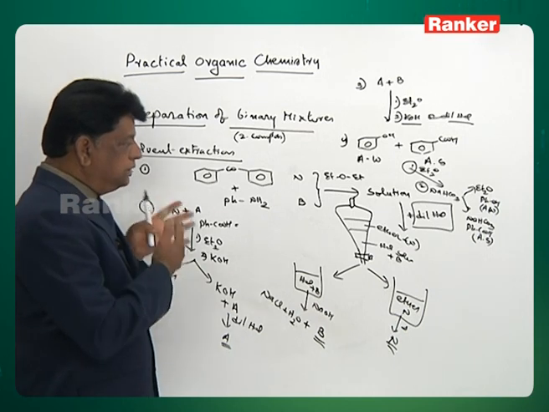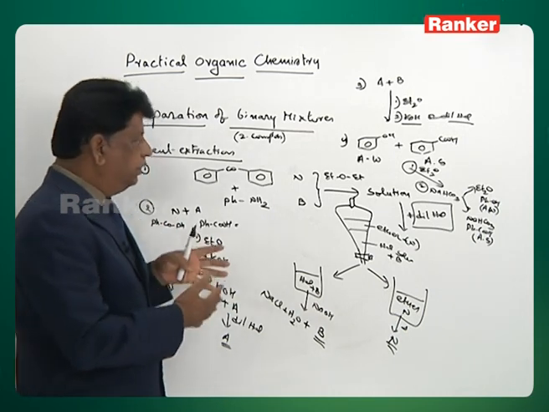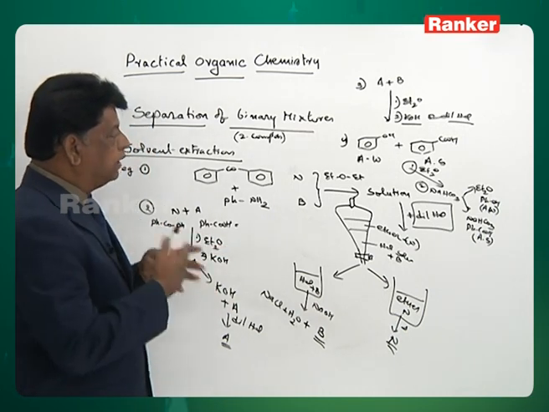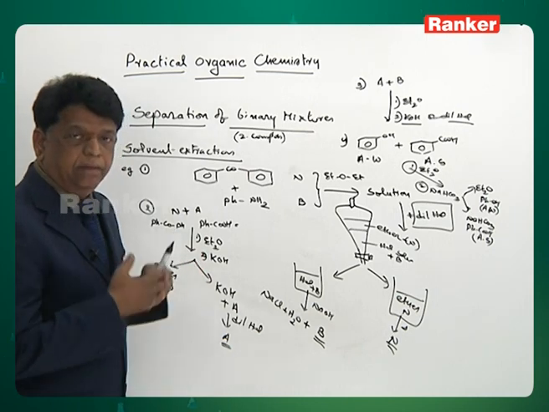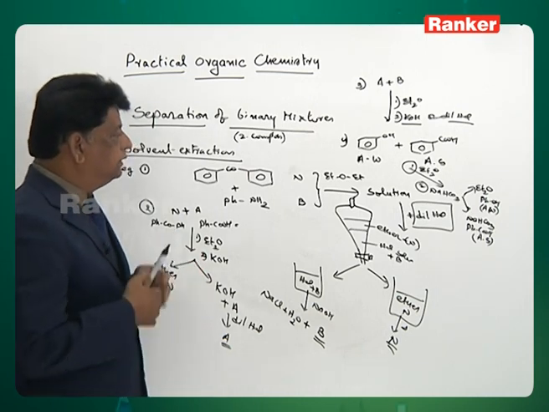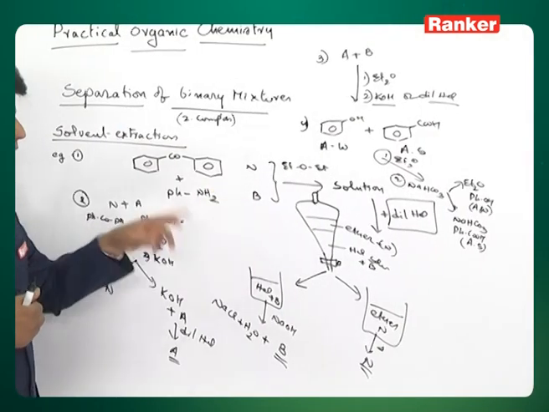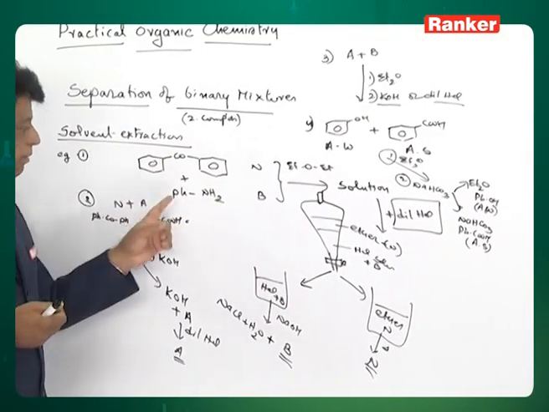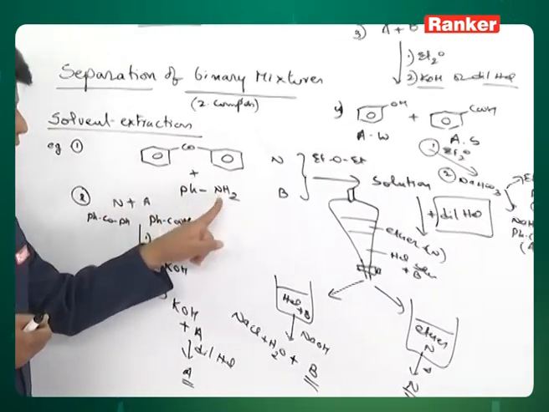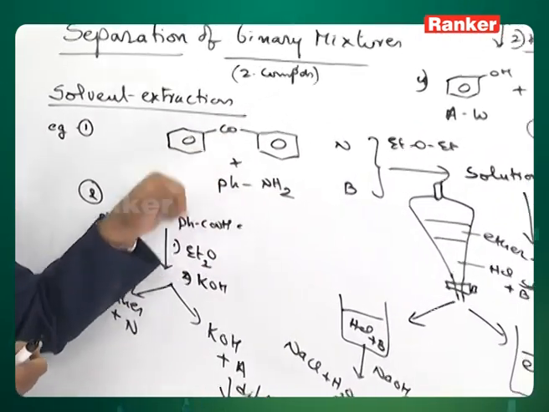If you are really aware of the solubility chart, you can implement the separating medium you have to use. The question also, what may be the separating medium if a neutral and base are there, like these two compounds? The separating medium is dilute HCl you have to say, because this is soluble in HCl, this is not soluble.